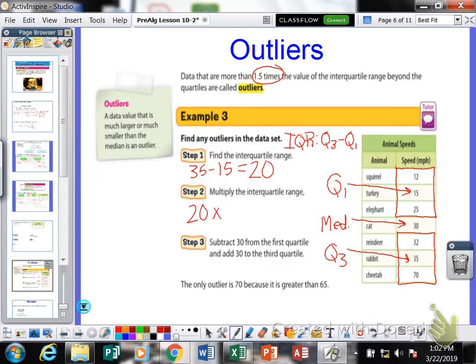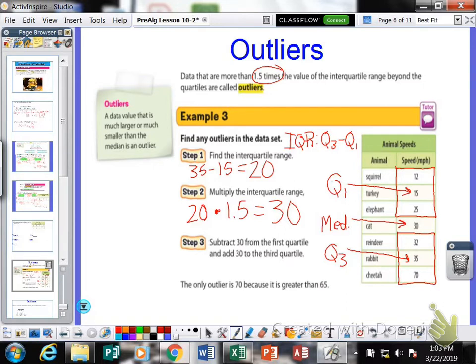20 times 1.5. We'll make this a dot instead, just so we're not confused. It's not an X. 20 times 1.5. That would give me 30.